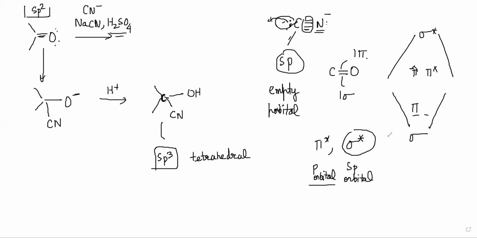Let me go back one second, because we should know which one is occupied. Just see if there is a CN minus diagram somewhere. Hybridization, carbonyl group.